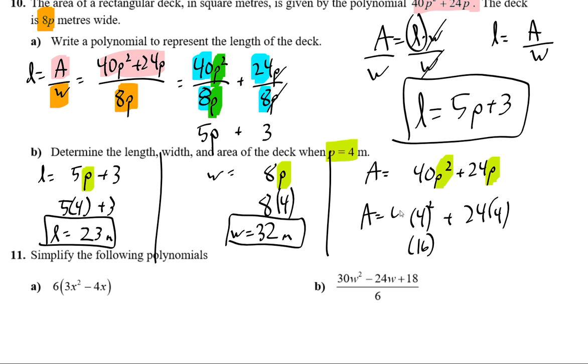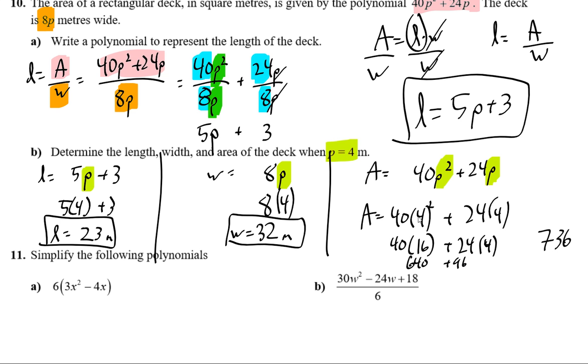Oh, that's 40 times 16. It's 24 times 4. 40 times 16 is 640. And 24 times 4 is 96. And if we add those together, we should get 736.